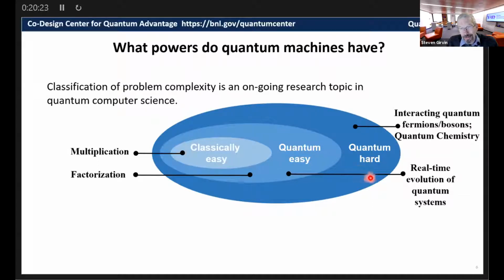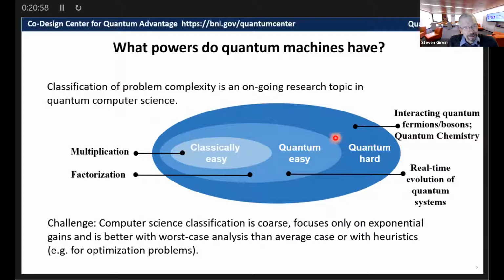But in fact, the problem of finding the ground state of a collection of electrons in a giant molecule is actually, in general, quantum hard, even for a quantum computer. But still, people are working on approximate algorithms and so forth in quantum chemistry to work these problems faster someday, we hope, than on classical computers.